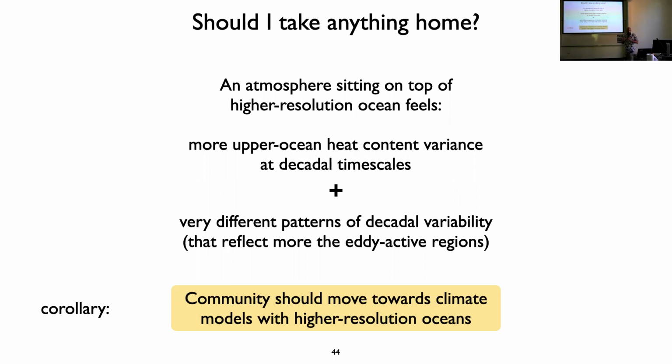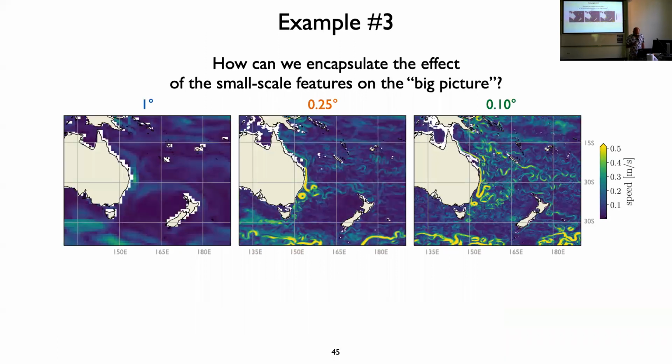So one corollary of this is that the community should move towards doing climate predictions with this kind of models that have high resolution oceans. But that's linking back to this headache problem. We cannot do that. That's also a nice segue for what I want to discuss next.